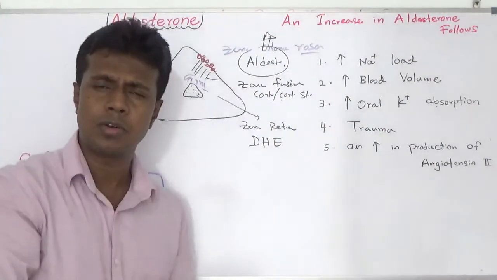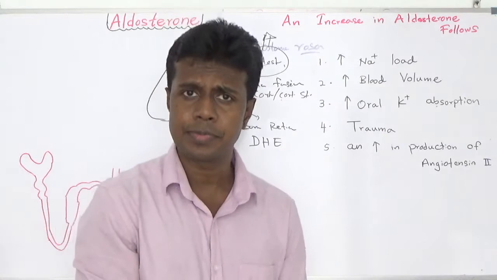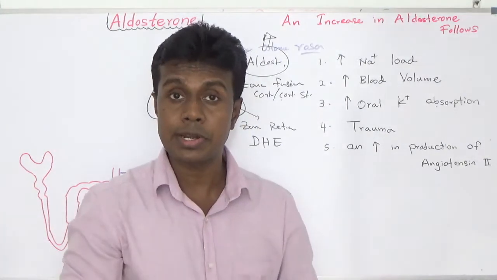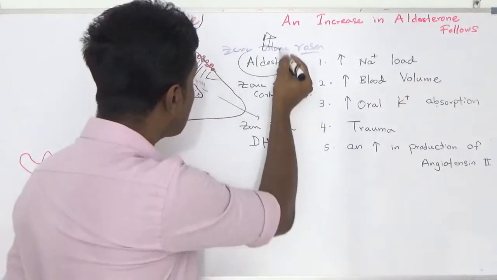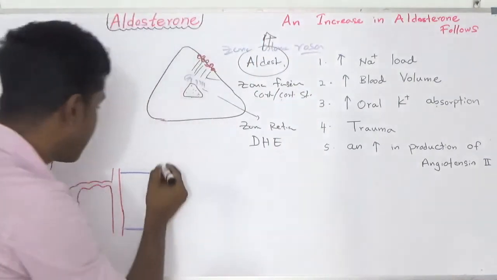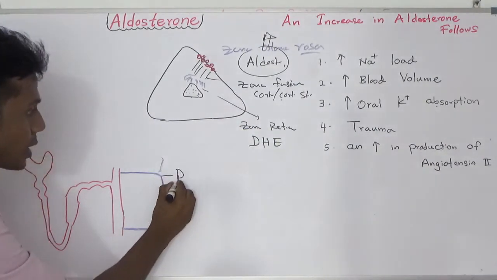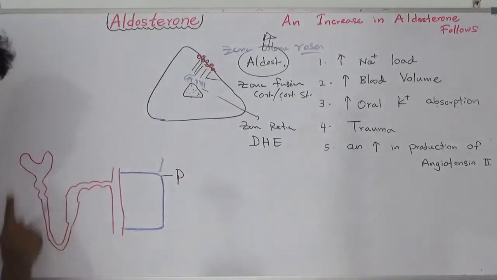Next question is, what is the main aldosterone function? Once you secrete aldosterone, it comes through the circulation to the principal cells, or P cells, of your collecting duct. This is your nephron.